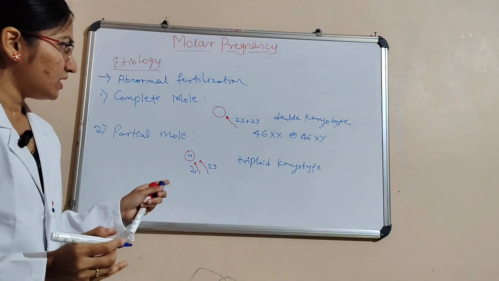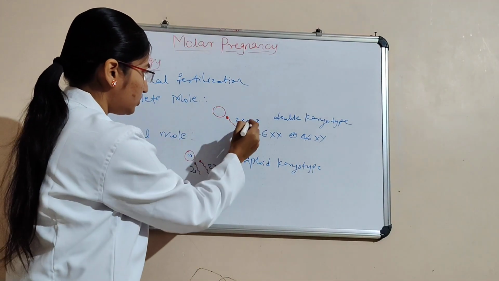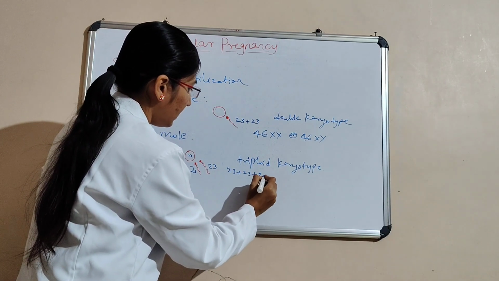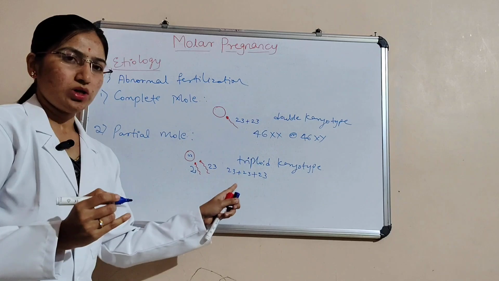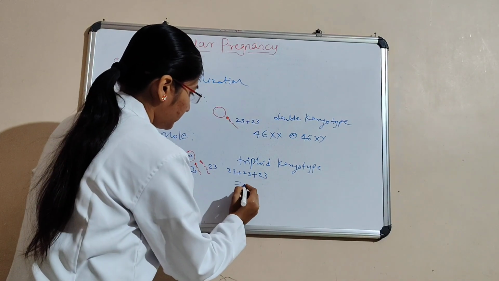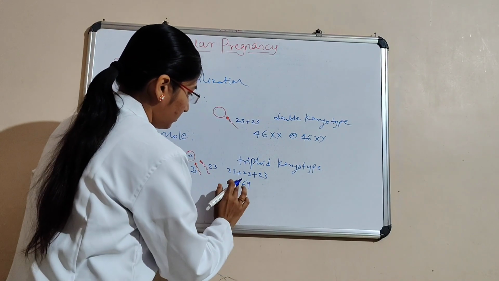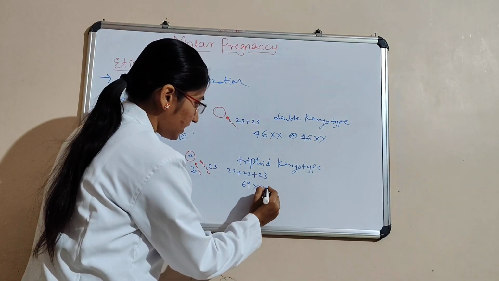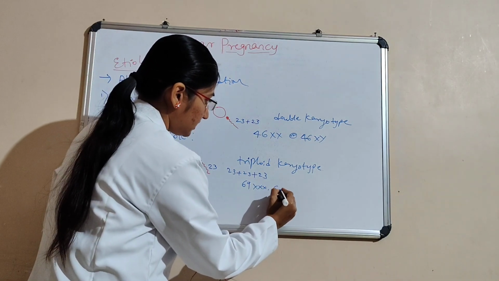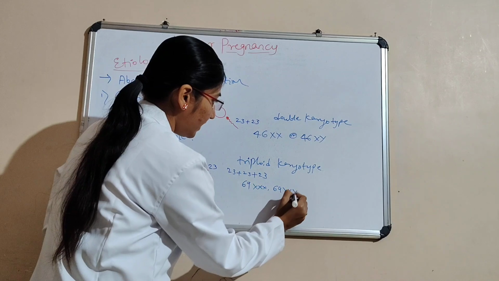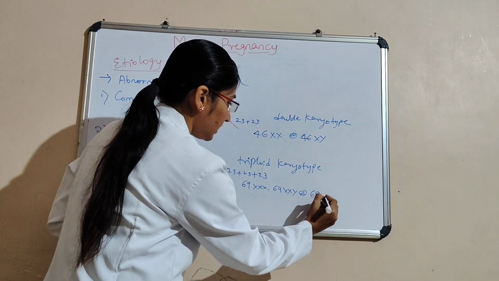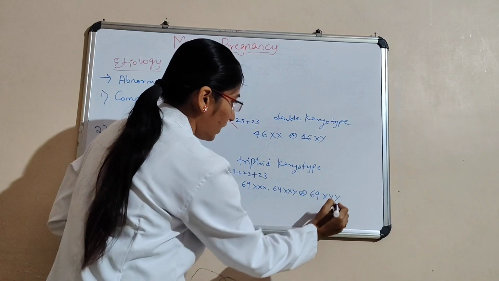That is, 23 and then 23, in total it is 69: 69 XXX, or 69 XXY, or 69 XYY.